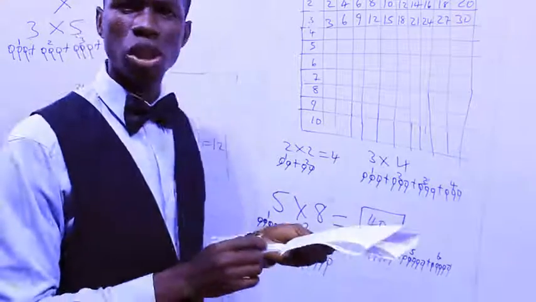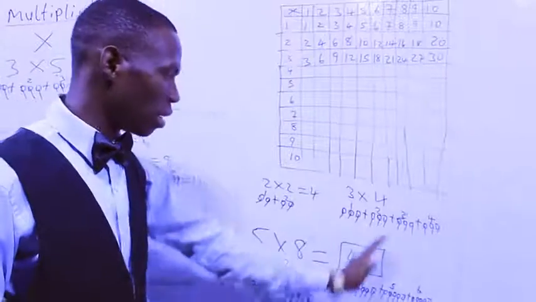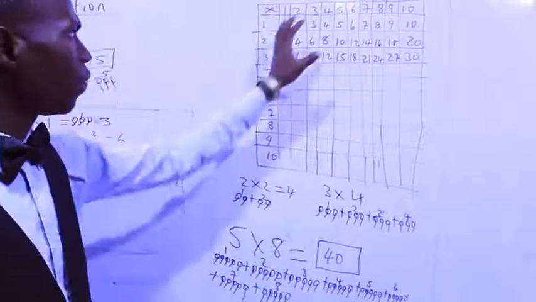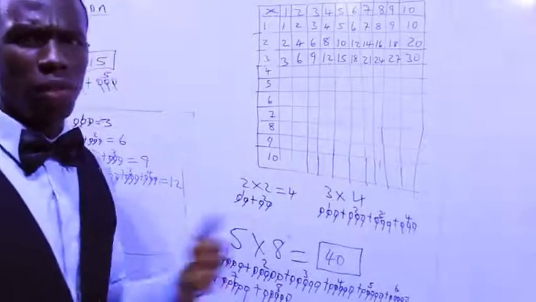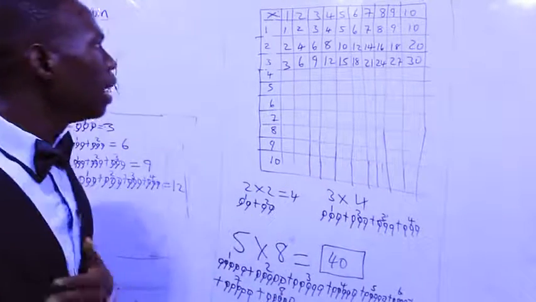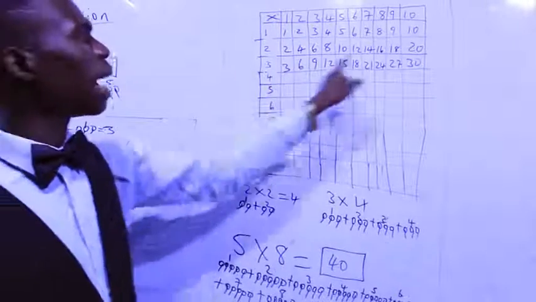What will this multiplication table help you to do? It will help you to score most of these questions without doing this. If you know this table very well, you can easily solve this without necessarily adding. Just like if I see 3 times 10, I already know that 3 times 10 is 30.